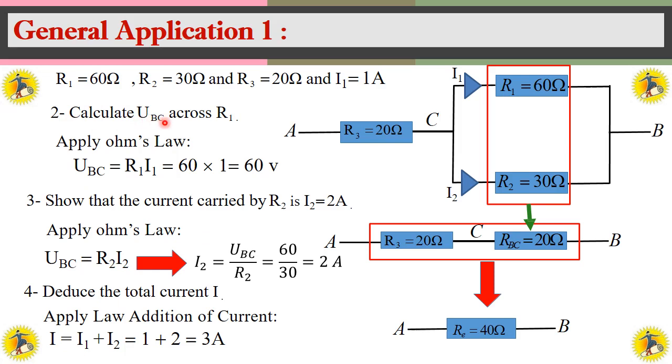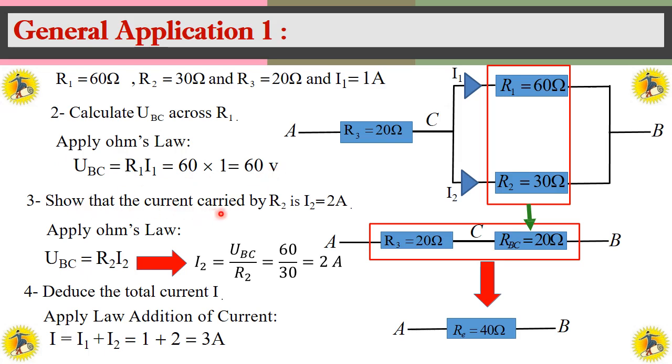Calculate the voltage UBC across R1. Let's see what we have in R1. I have the resistor R1 and the current I1, so I can find the voltage by Ohm's law: R1 times I1 equals 60 volts.